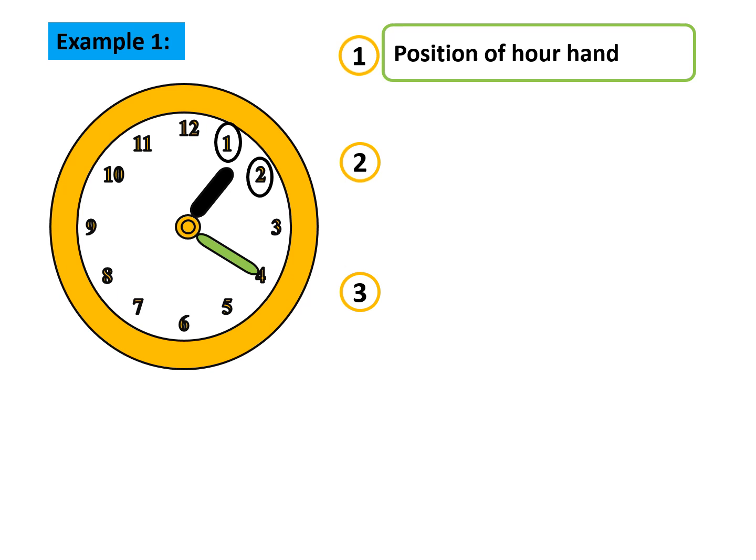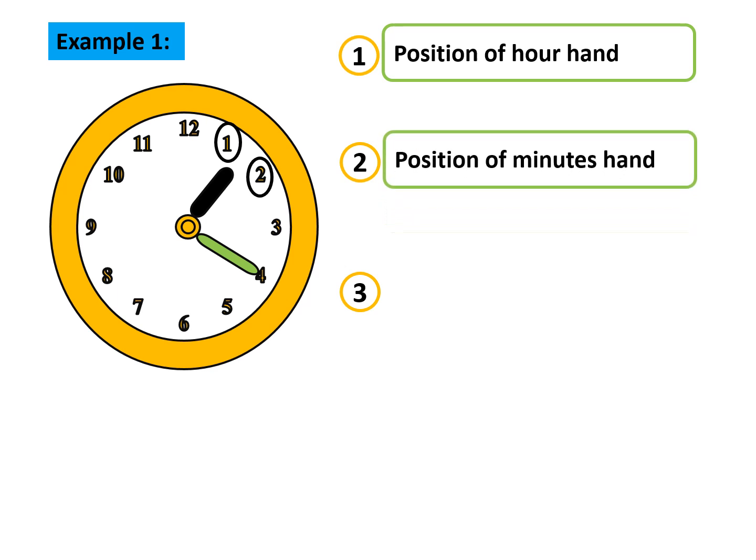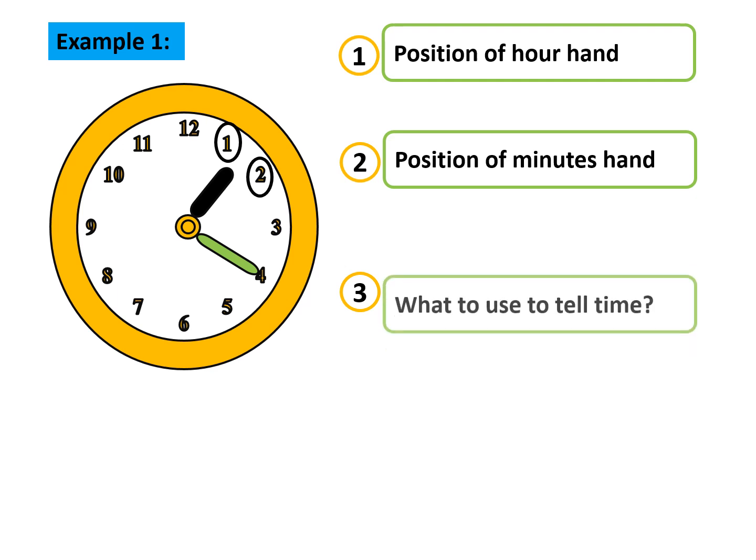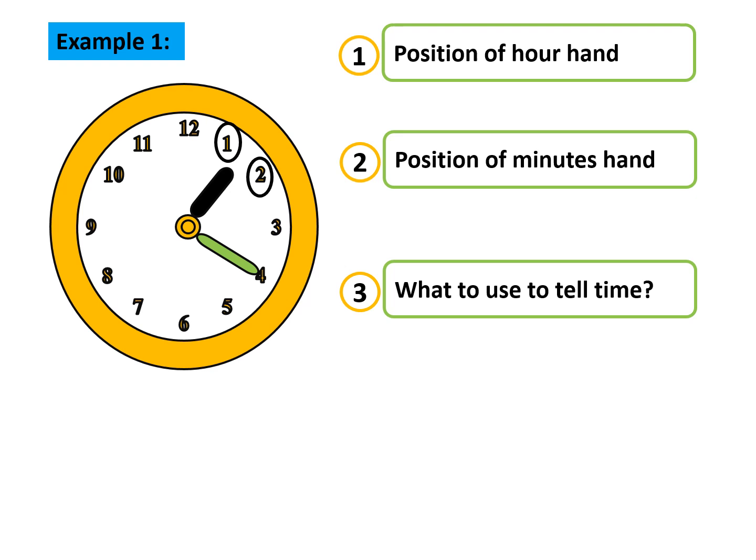Means the hour hand is on a number or between 2 numbers. Step 2. What is the position of the minute hand? Means what is the exact minutes that the minute hand is showing and in which minute range that falls. Step 3. What to use to tell the time after knowing the position of the hour and minute hands, means which hour number to select and which word to select, past or to after the minutes.